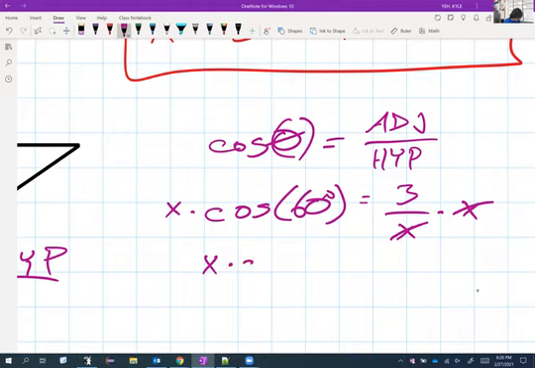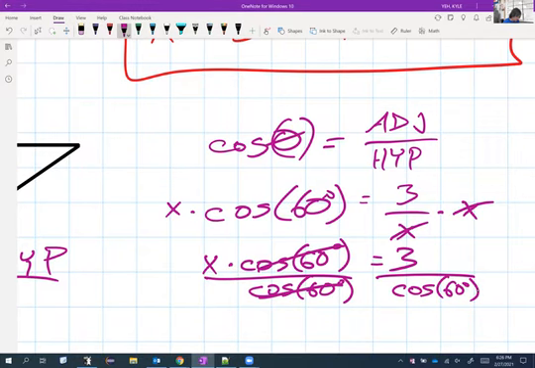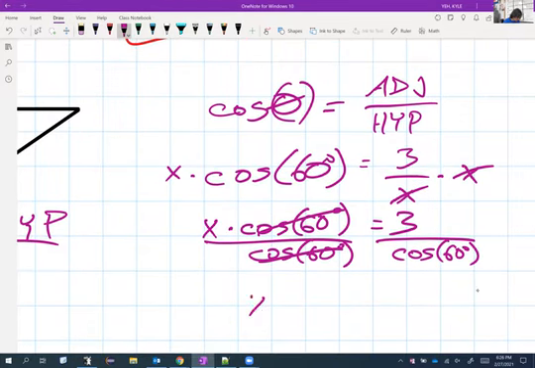So x times cosine of 60 degrees equals 3. And then to get x alone, I can just divide by cosine of 60 degrees. And x equals 3 over cosine of 60 degrees.